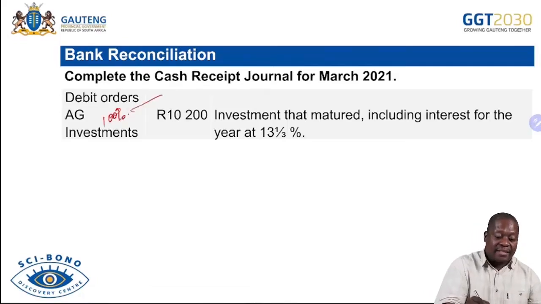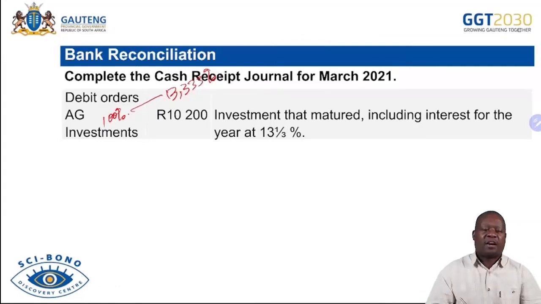And our interest, according to what they are giving us, is 13.333%. Remember, it's 3 recurring, right? A third is 0.3333 recurring. So we can say it is 13.333%.